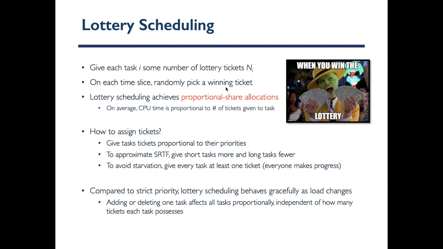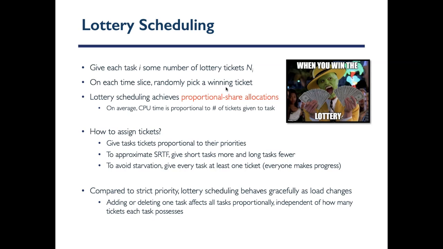So lottery scheduling behaves gracefully as the load changes. As you have more or fewer tasks in the system, if you add or delete tasks, the effect that all other tasks would see would be proportional again, and independent.